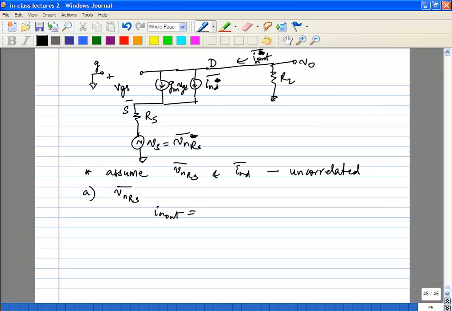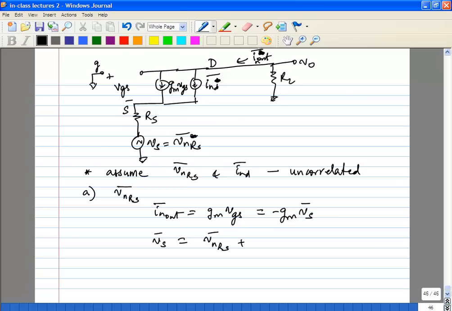What is In,out? It is nothing but minus gm Vs. Let's do it this way, statistical quantities. So Vs is Vn,Rs plus, what is the current flowing through Rs?